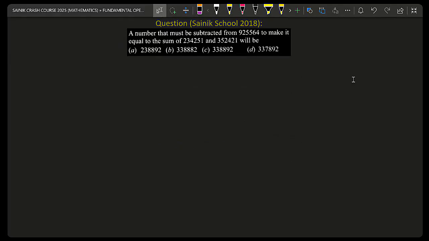They're asking for a number to be subtracted from 9,25,564, but which number we don't know. Can we call it x? Yes, sir. If you subtract that, it will be equal to the sum of the remaining numbers. How can we write the sum of the remaining numbers? 2,34,251 plus 3,52,421, right?